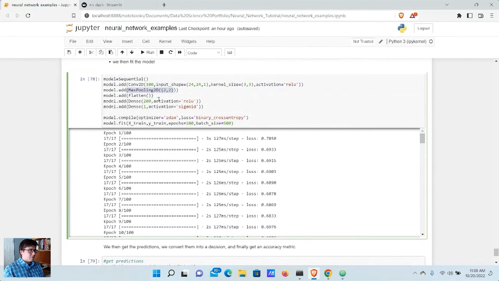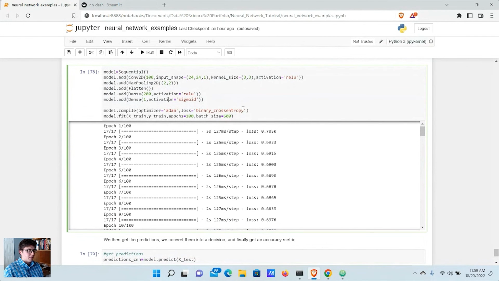Our max pooling layer will be a 2 by 2, so it will be aggregating, pooling 4 pixels at a time throughout each of that. It'll flatten in this layer, and then we send it to this fully connected neural network at the end. We have our ReLU activation function right here, and then we have our sigmoid because we're predicting a binary.